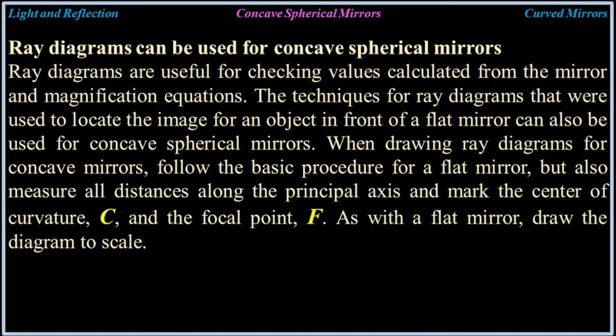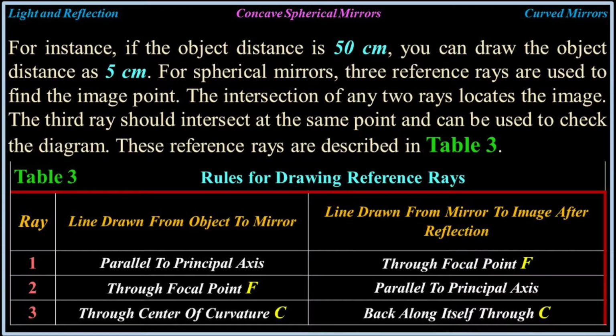When drawing ray diagrams for concave mirrors, follow the basic procedure for a flat mirror, but also measure all distances along the principal axis and mark the center of curvature C and the focal point F. As with a flat mirror, draw the diagram to scale. For instance, if the object distance is 50 centimeters, you can draw the object distance as 5 centimeters.